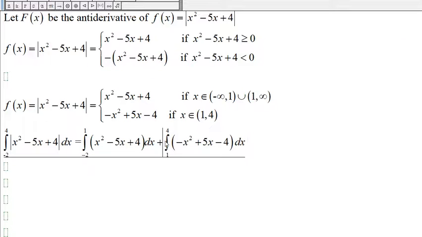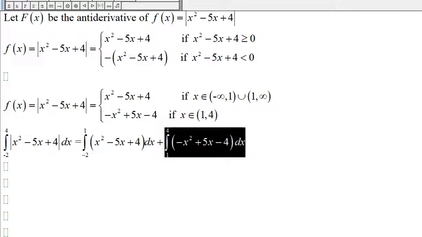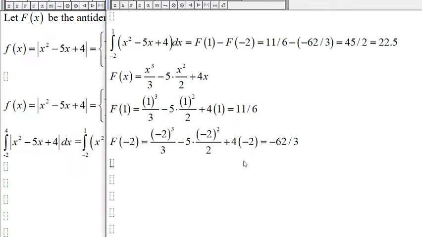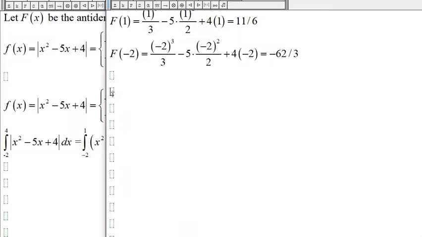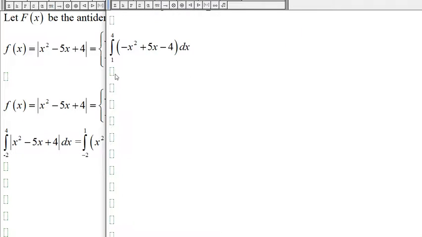And then now we need to evaluate the second integral. And so for this integral, again, by the fundamental theorem of calculus, this is the antiderivative at 4 minus the antiderivative at 1.